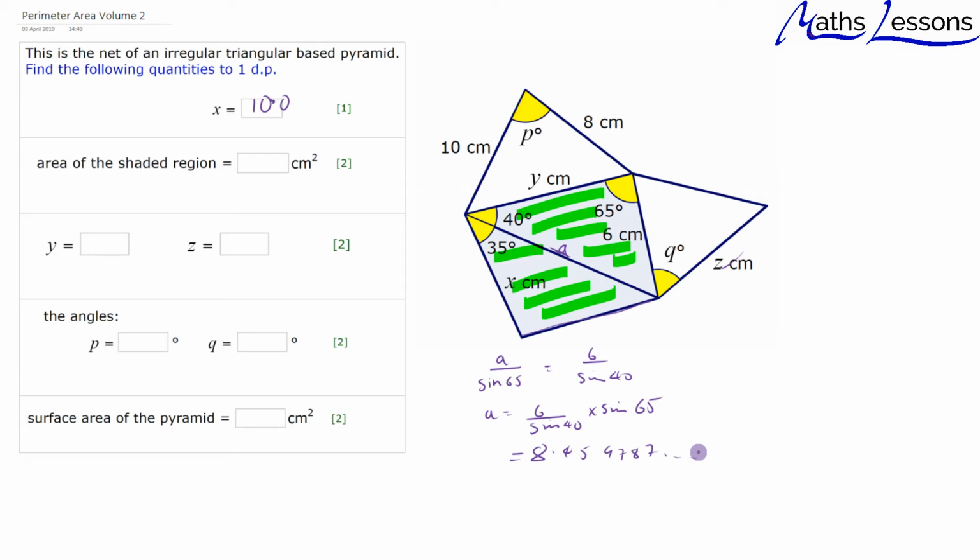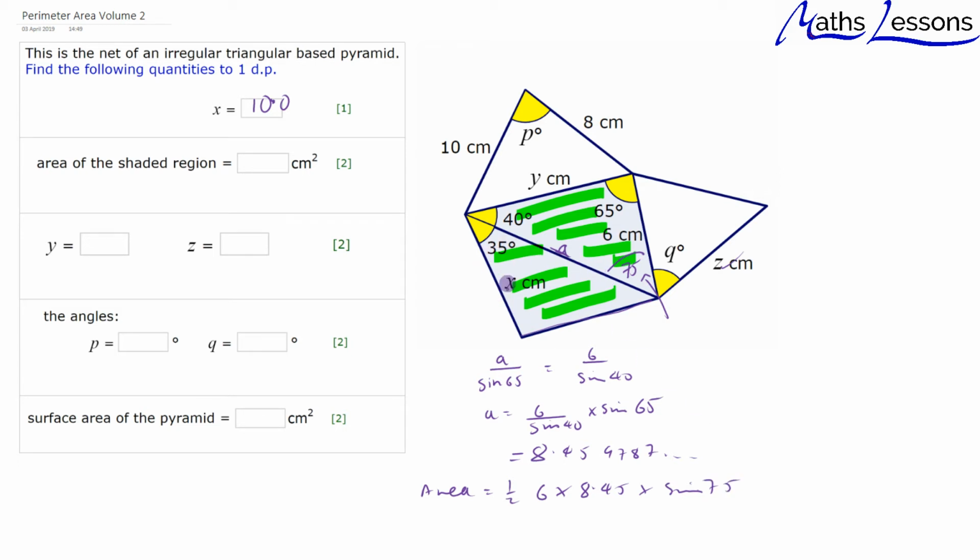Okay, now we know that the area of this triangle is a half ab sine C. Because we know this angle here, because 40 plus 65 is 105, so this must be 75. I can use this side as one side and this side as one side in this formula. So the area equals a half this length times this length, it's always the two lengths either side of the angle, 6 times 8.45 and all the other digits, times sine of 75.